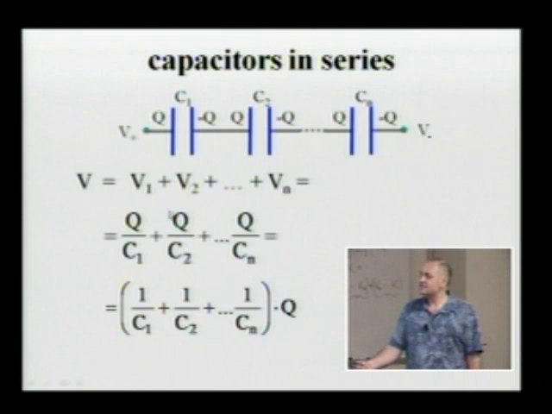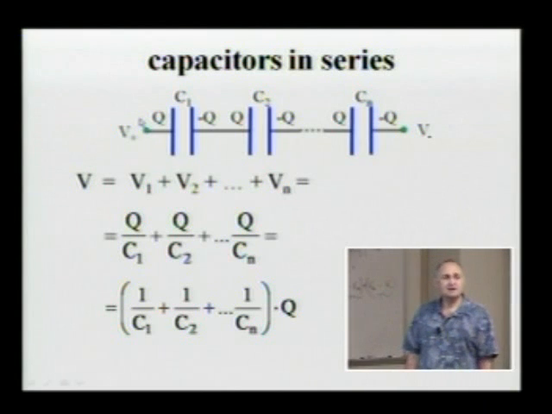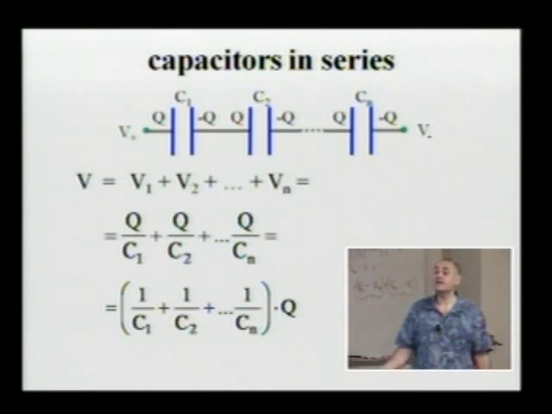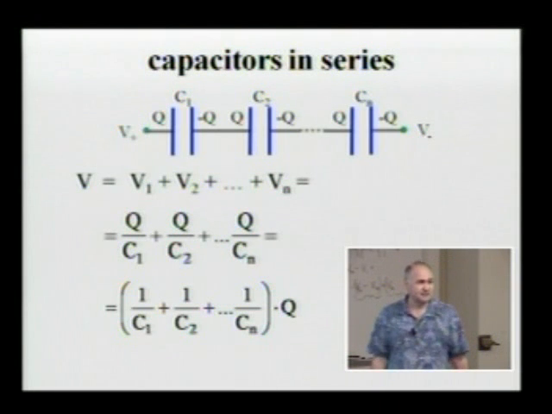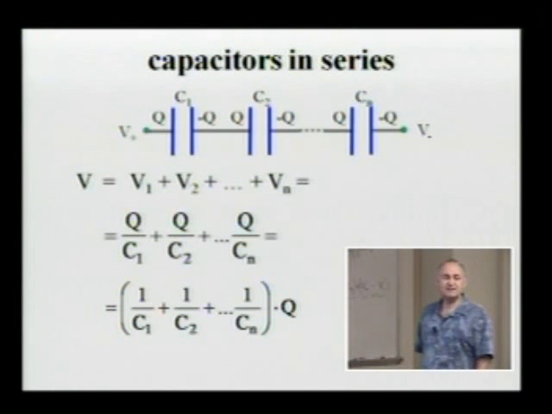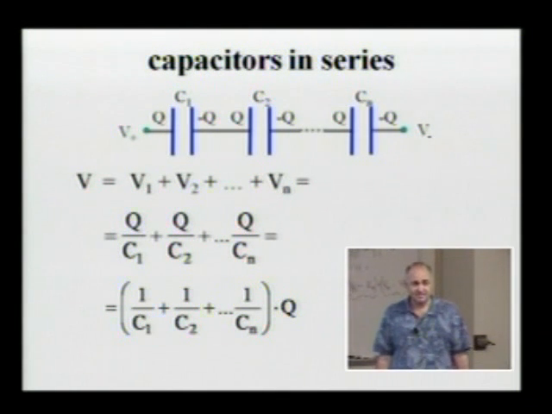Now look at this. Potential difference V across the entire system is proportional to the charge transferred from one side of the system to the other side of the system. So the system behaves like a capacitor, correct. And on top of it I can recognize what is the capacitance of this system.